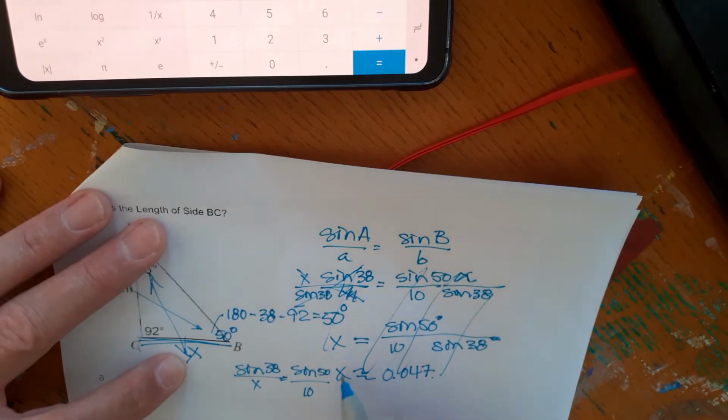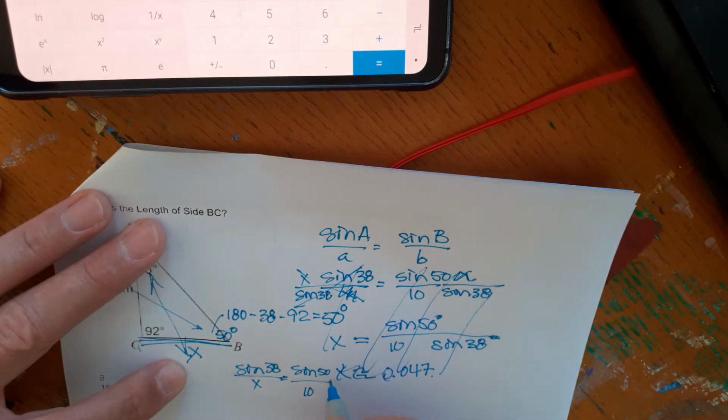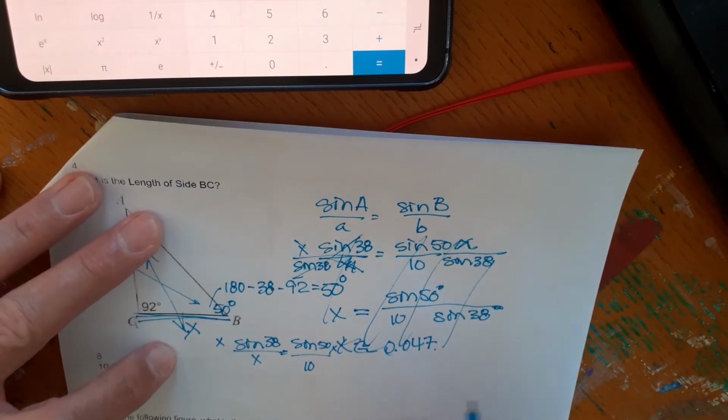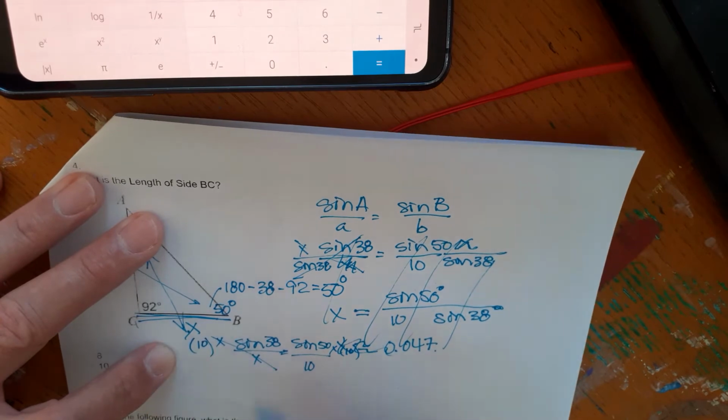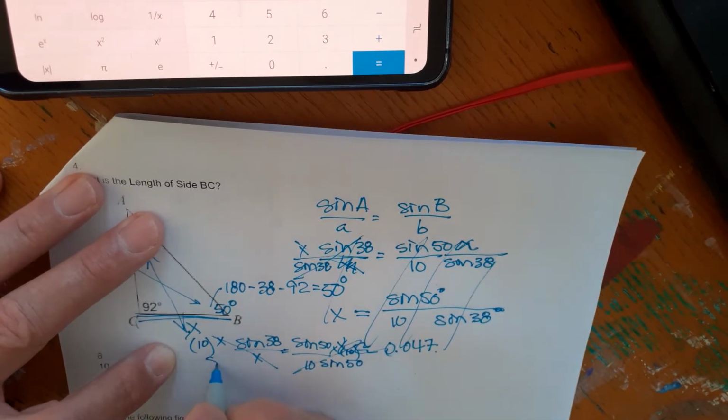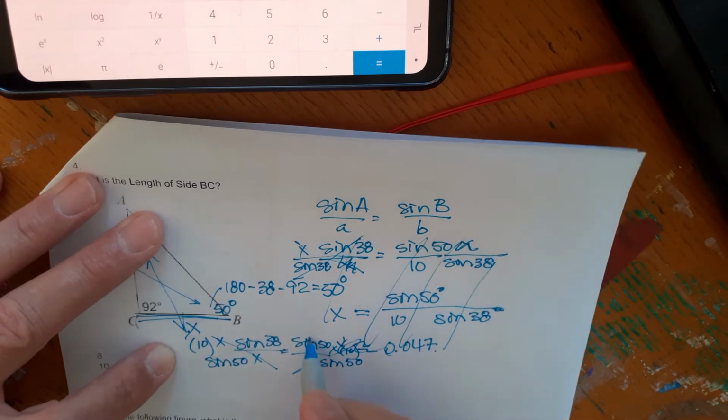I do like multiplying both sides by x again. Let's multiply both sides by x here and here. And sorry I'm getting so messy on this one. That will cancel out the x's here. Let's multiply both sides by 10 here, get rid of the tens. Let's divide both sides by sine 50. Sine 50, those will cancel out.